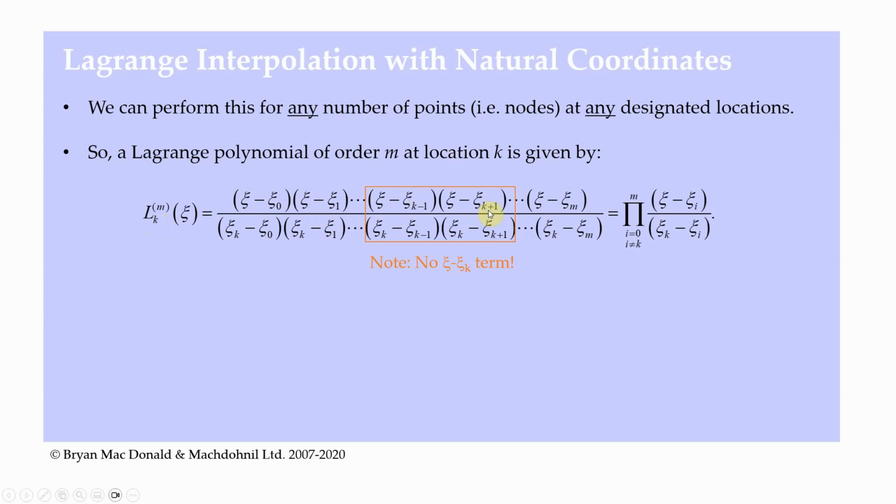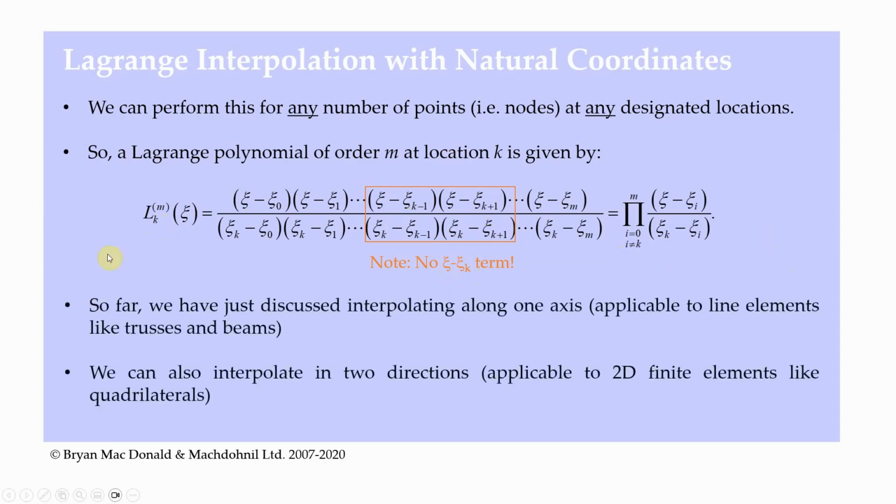So we don't have an eta minus eta k. We have an eta minus eta k minus 1 and an eta minus eta k plus 1, and then we go all the way down to m. Again, that is contained in the equations we had previously, but it's important to note that.